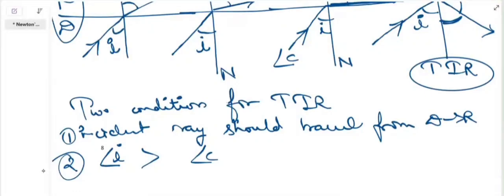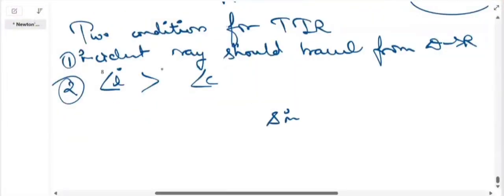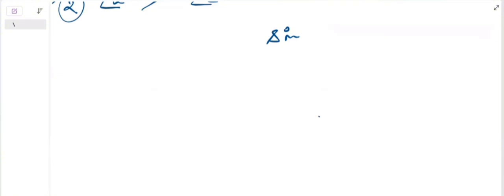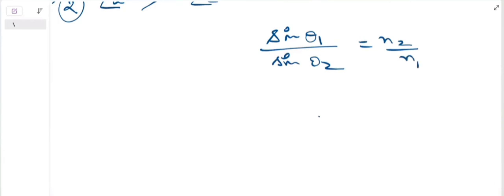Second thing, your angle I should be greater than angle C. Understood? The formula to find this is sine theta 1 over sine theta 2 is nothing but n2 over n1.